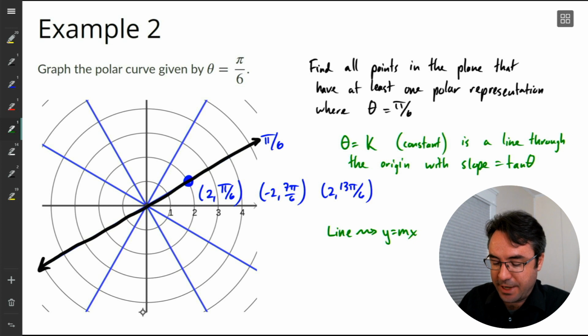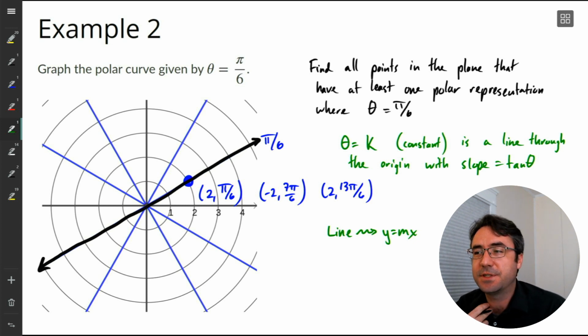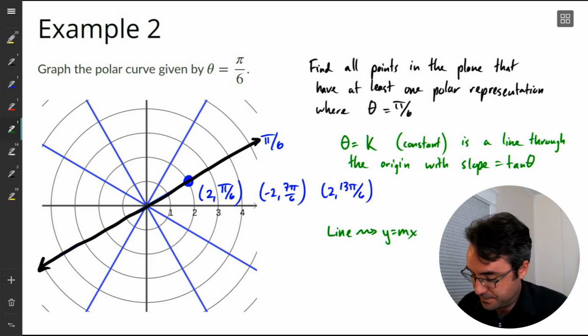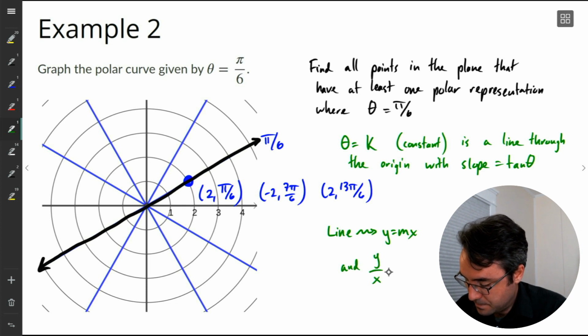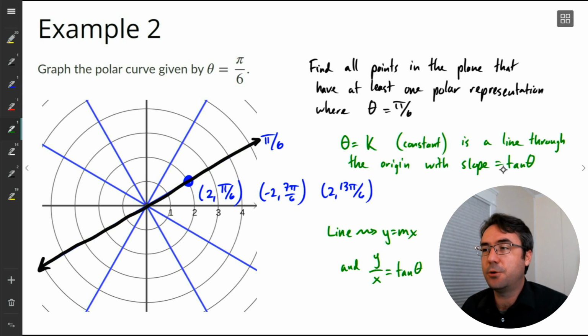There is a special case here where we have a vertical line, but we'll disregard that for the time being. But if we divide this by x, we would get the slope, and we know y over x in terms of polar coordinates is tangent theta. So that's how we know the slope of our line here is going to be tangent theta.